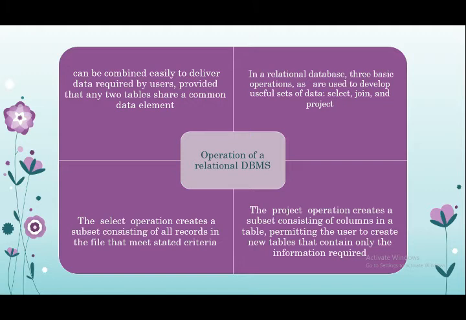The select operation creates a subset consisting of all records in the file that meet stated criteria. The project operation creates a subset consisting of columns in a table, permitting the user to create new tables that contain only the information required.